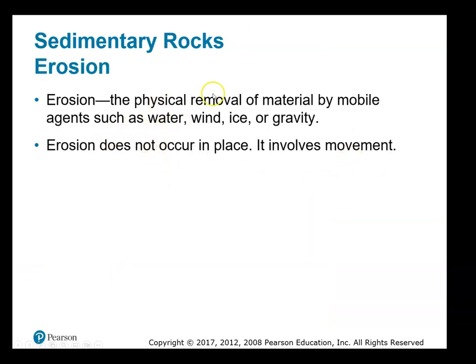So erosion is the physical removal of material by mobile agents such as water, wind, ice. Of course, you think of the ice ages, where the glaciers were on the move. We'll focus much more on that in future chapters. And of course, gravity is going to pull these boulders.